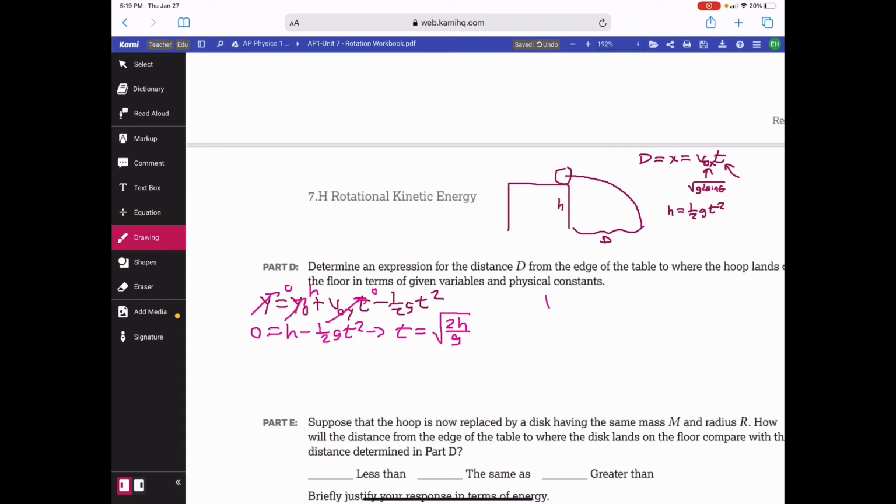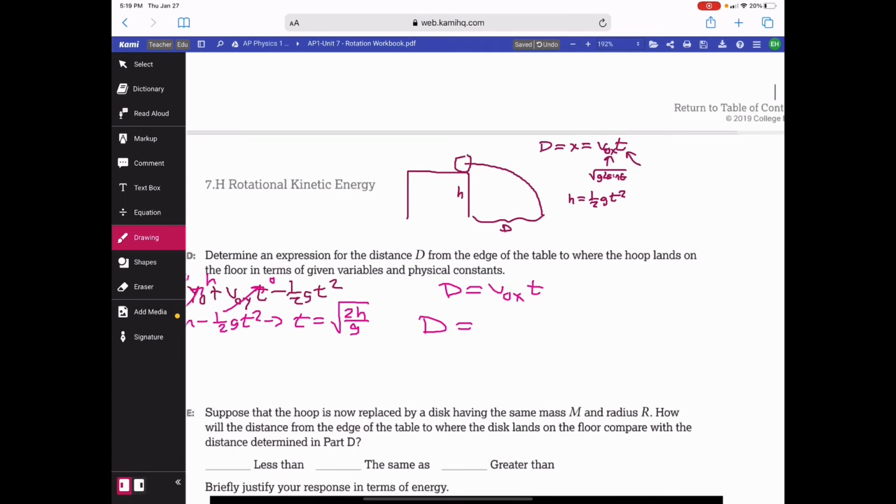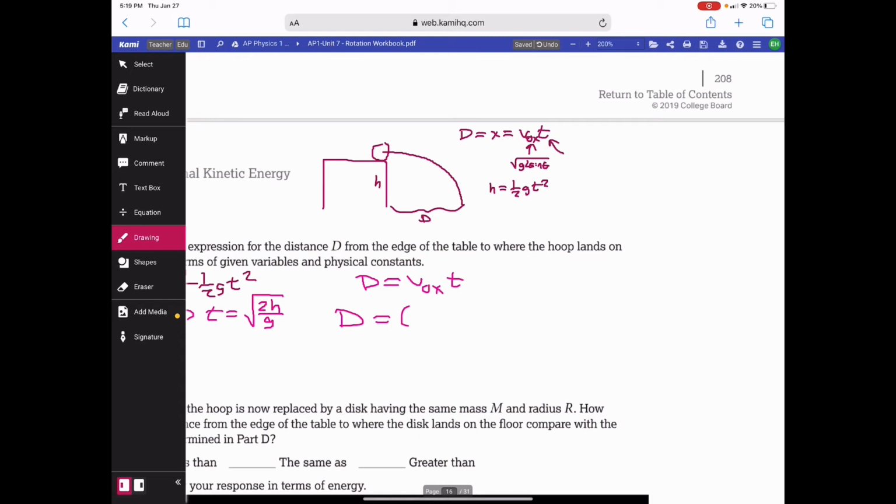So d is equal to v naught x times t. Therefore, d is going to be equal to, the launch speed is the square root of gL times sine theta, that was our answer for part C, times the square root of 2h over g. Now, when you have a square root times a square root, you can put it all together under one radical.